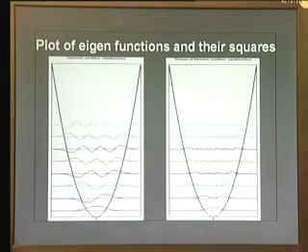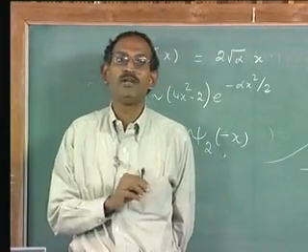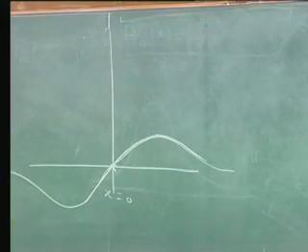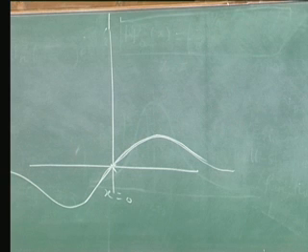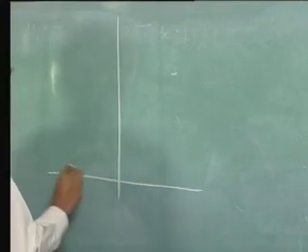Now this is a picture that we have to see a little bit more carefully with respect to what we understand as a harmonic oscillator in the classical sense. Let me just draw the psi naught squared plot.